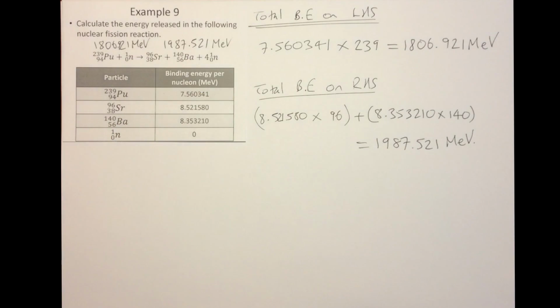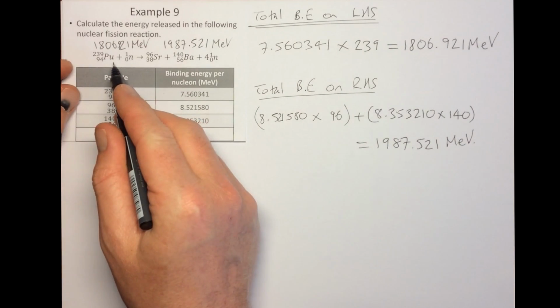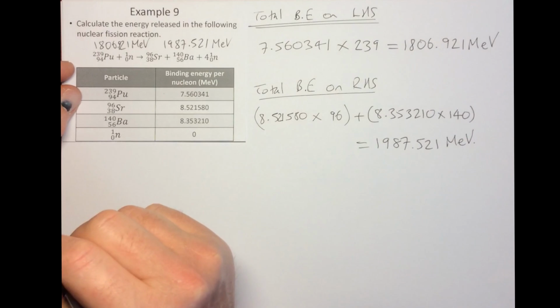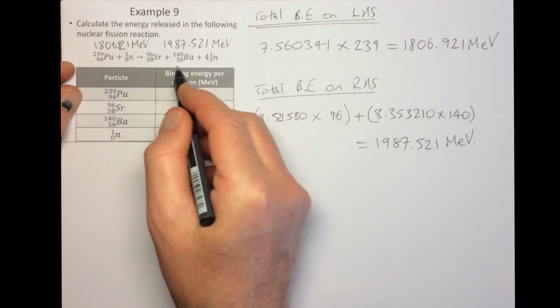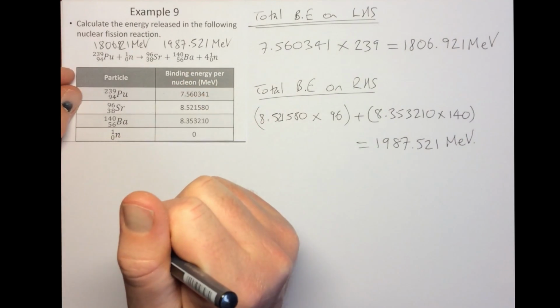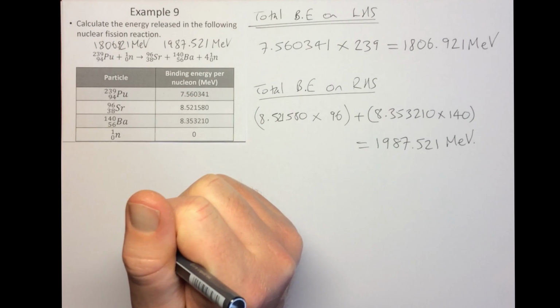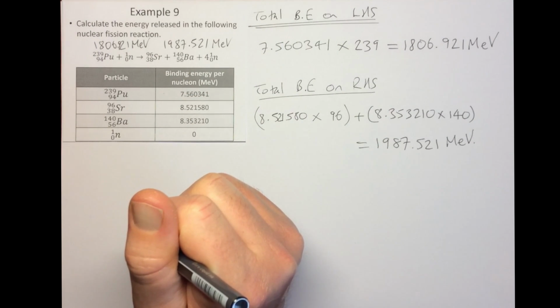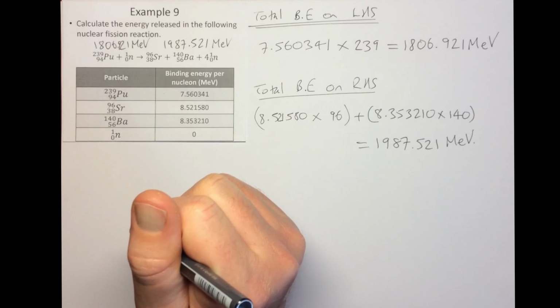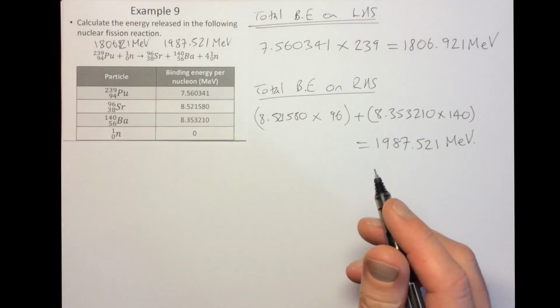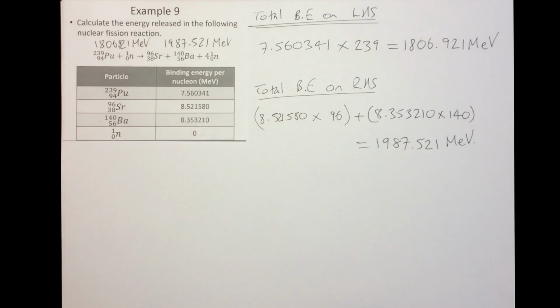Remember, the binding energy is the energy given out by the nucleus when it forms from its individual nucleons. So the binding energy has increased, and that means that the nucleons in each of their nuclei are more tightly bound. They're in a lower potential energy state, and they are more stable than the plutonium. Okay, and they've given out energy.